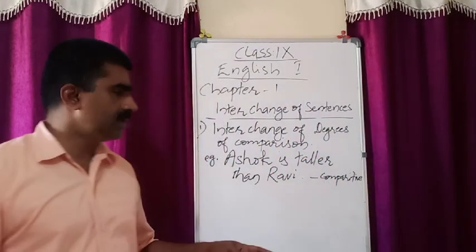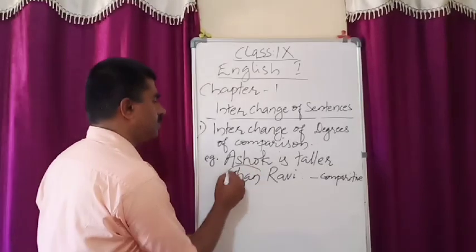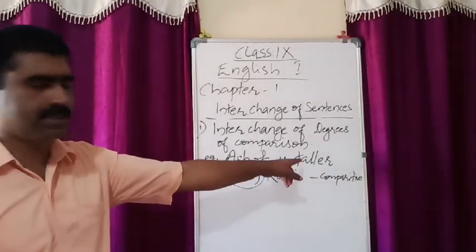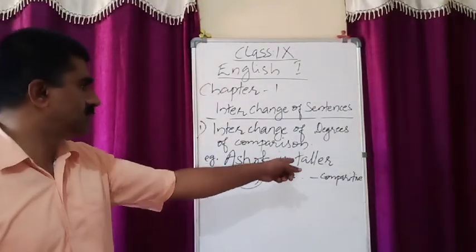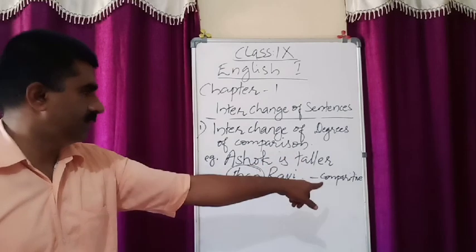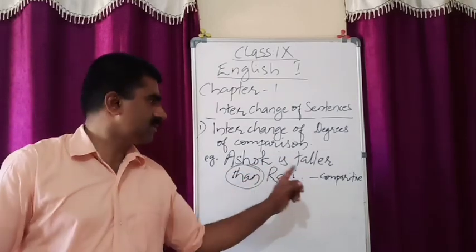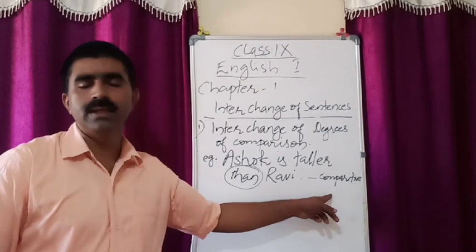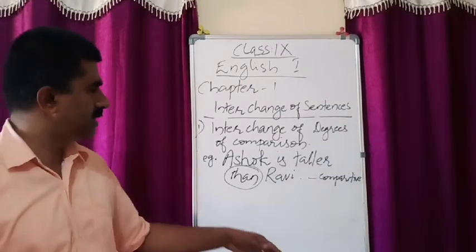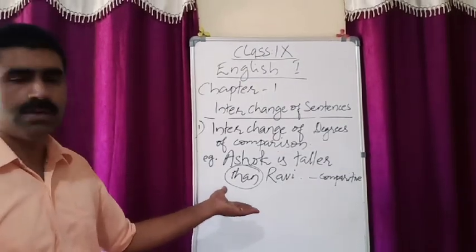In the comparative degree, "than" will be there after the adjective, with which we compare. Ashok is taller than Devi. If this "than" is there, we can easily identify that it is in comparative degree. So we can change it into positive degree.